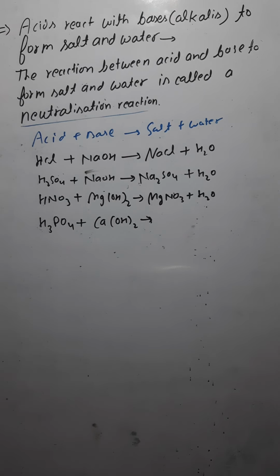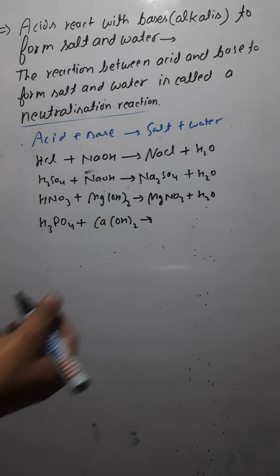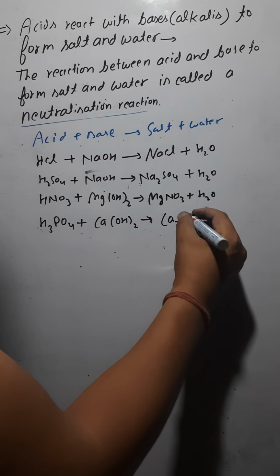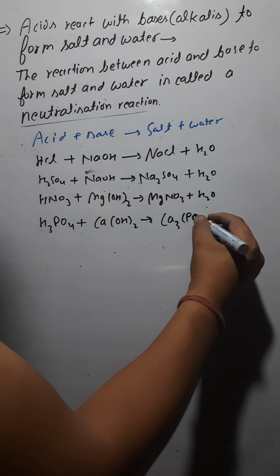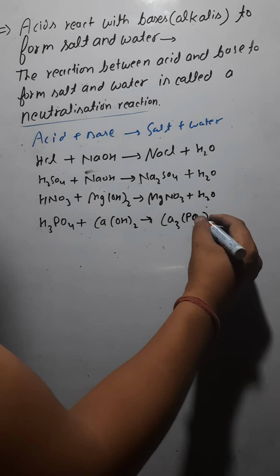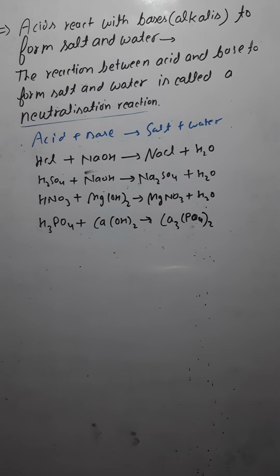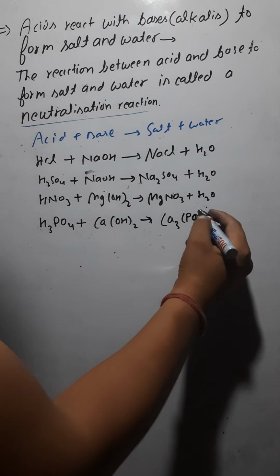When H3PO4, phosphoric acid, reacts with calcium hydroxide, you are going to get the salt, Ca3(PO4)2, whole twice or taken twice, whatever you say.